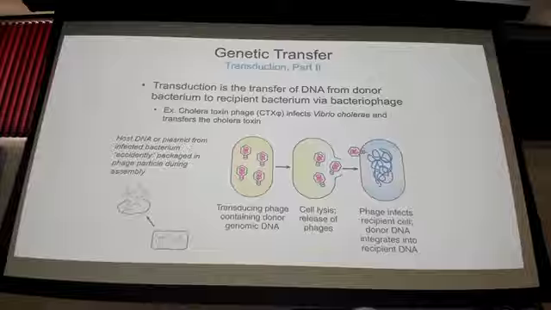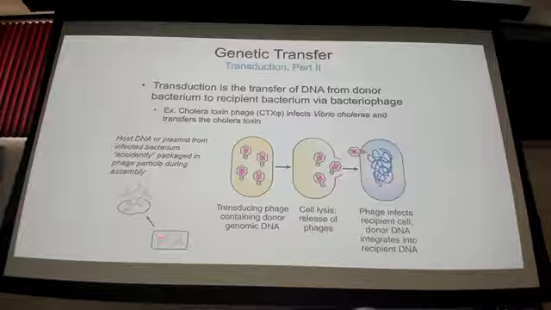So during packaging, this is a relatively rare event. Let's say you have 1,000 phage particles coming out of this infected bacteria that is dying, that's lysing. Let's say only 20% of those phages that are being released acquire any of the genetic material from the bacteria. Those 20% would be the transducing phages.